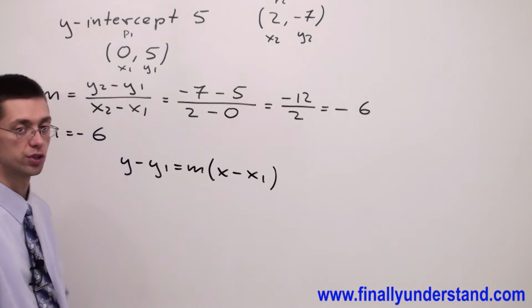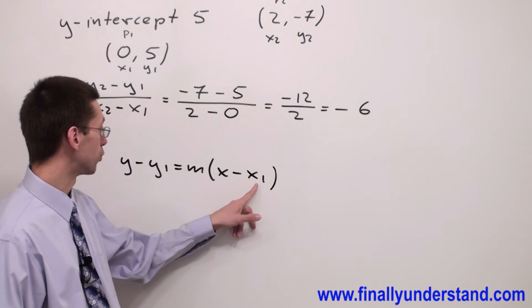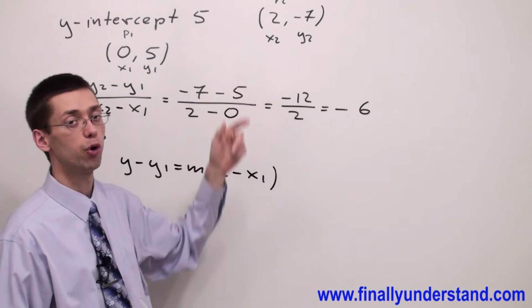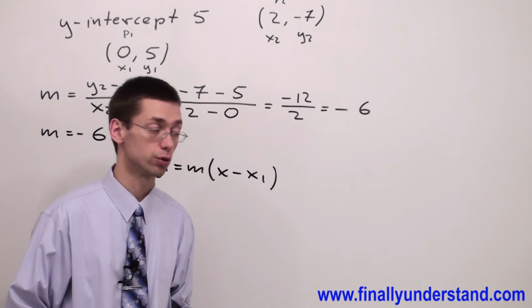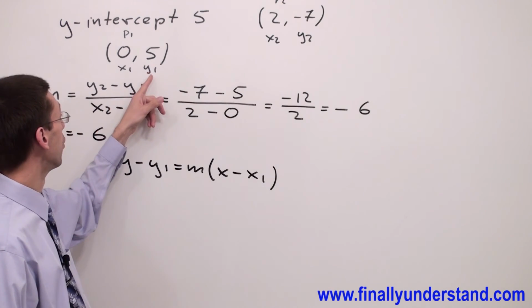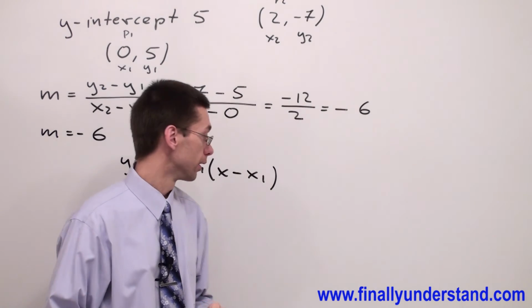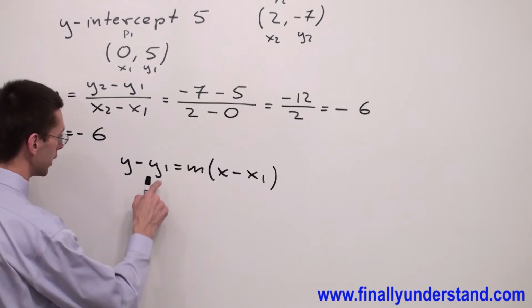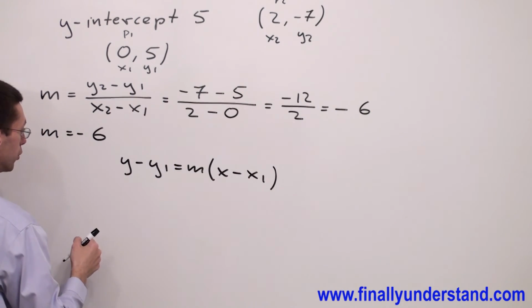Next, we're supposed to substitute y1 and x1 by coordinates of either point. It doesn't matter which coordinates you are going to use. You can use x1, y1 or x2, y2. And your answer is going to be always the same. But because I have y1 and x1, I'm going to use point 1.